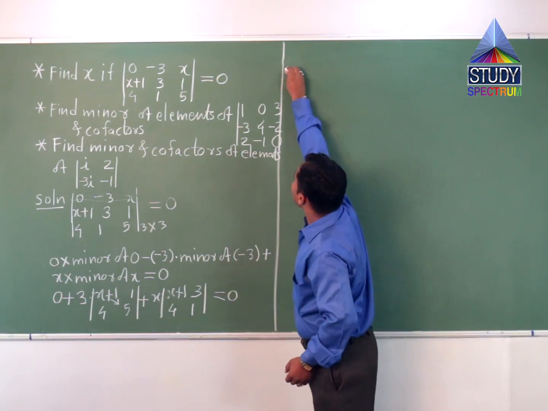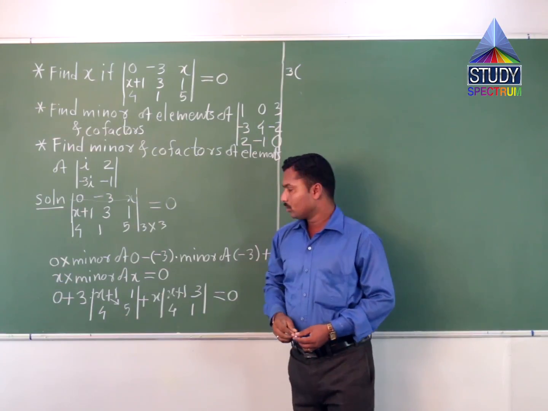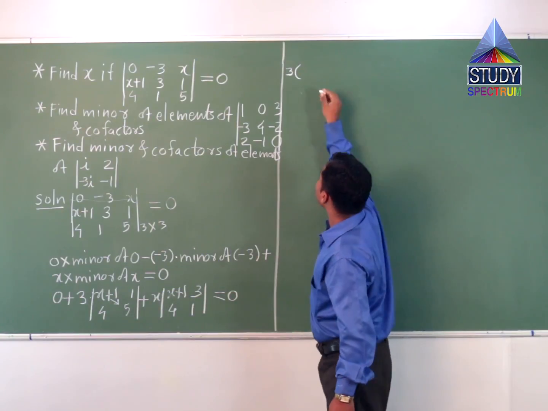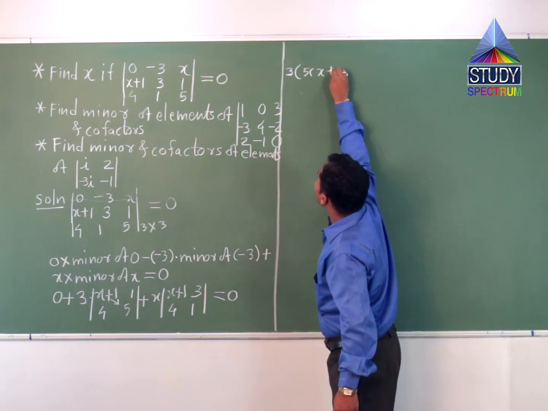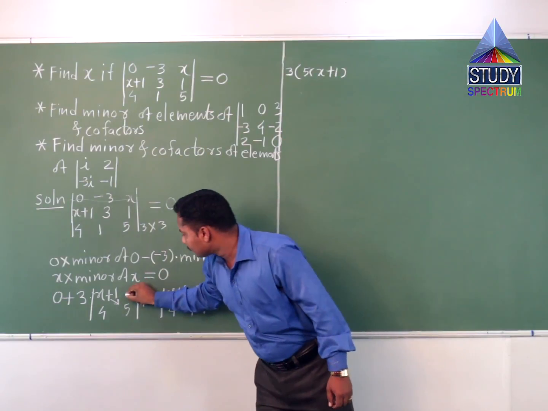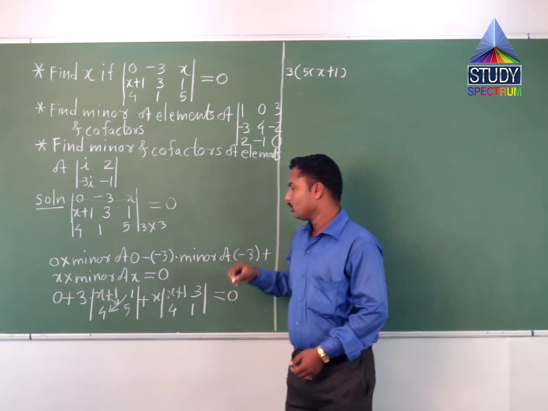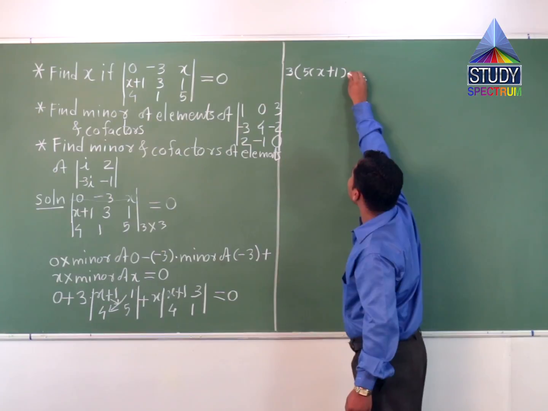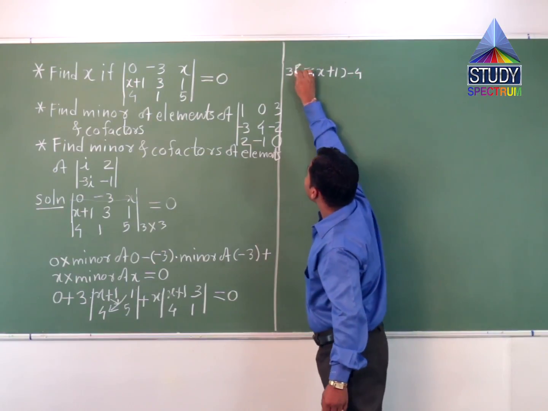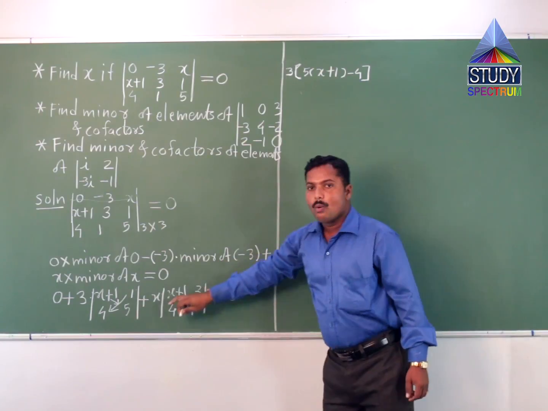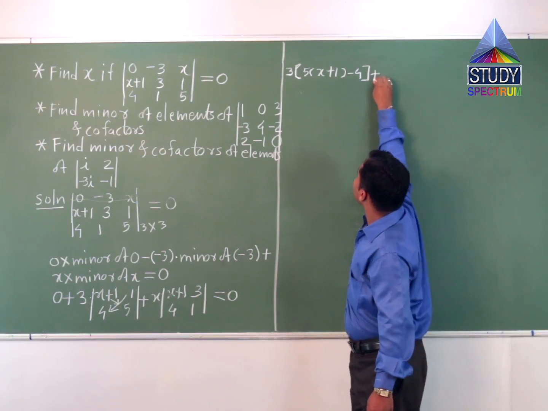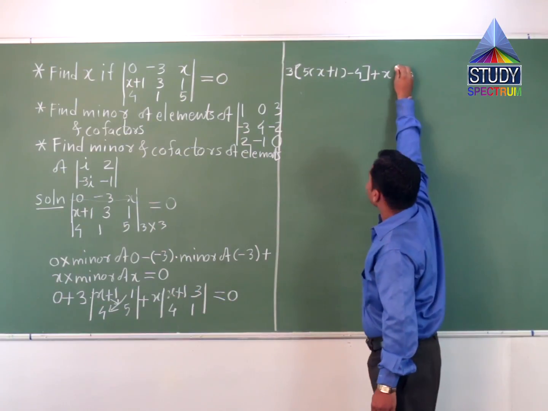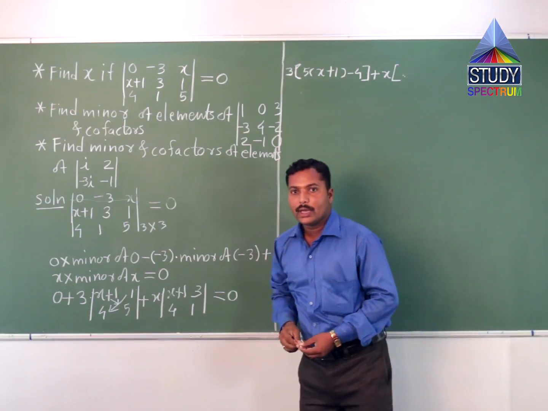into the bracket. What? x plus 1 into 5 means 5 into the bracket x plus 1, minus 1 into this 5 means 1 into minus 1, into this 4 means minus 4. This is a bracket, plus this x into the bracket. Again, what do we get?